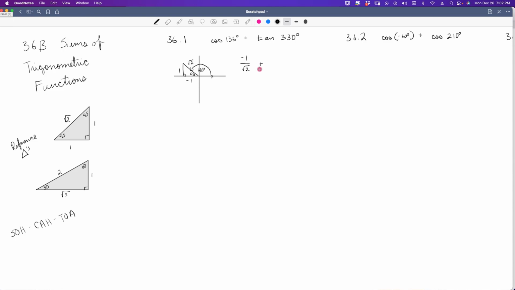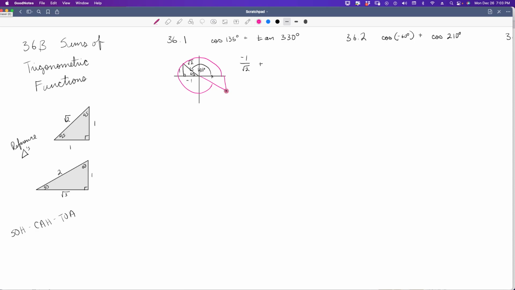Now my tangent is opposite over adjacent, but it's 330 degrees. So I know if I go, let me use a different color, all the way around to here, that's 270. 90, 180, 270, and another 60 degrees gets me to 330.